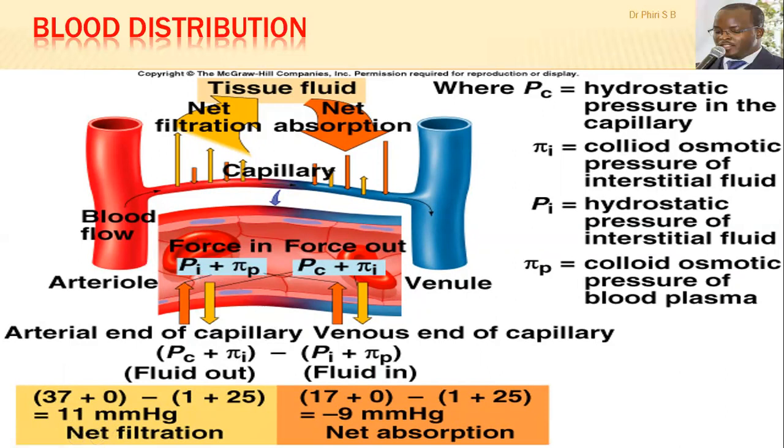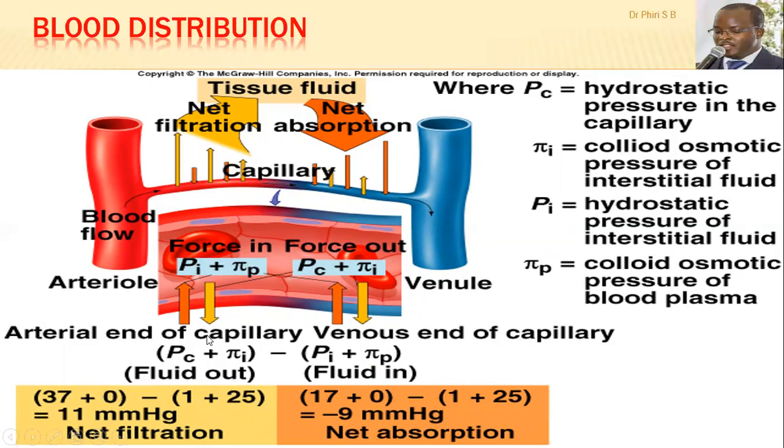The hydrostatic pressure is greater within the arterial end, about 37 millimeters of mercury, but the oncotic pressure here is less, about 25.